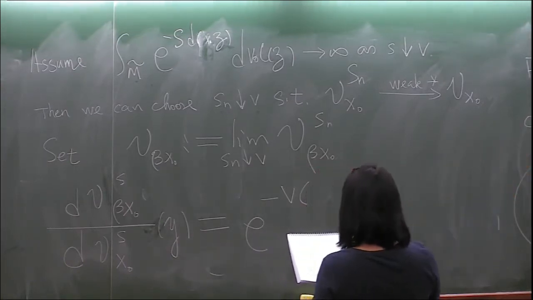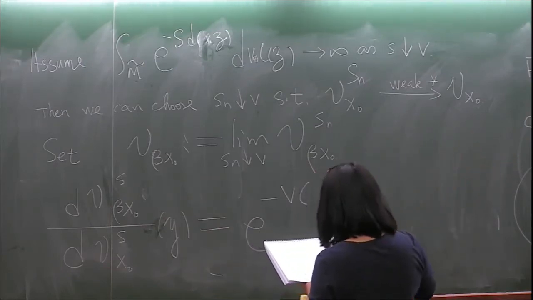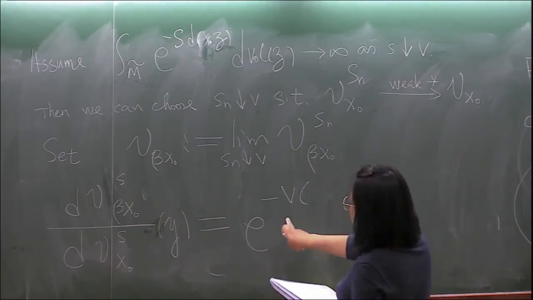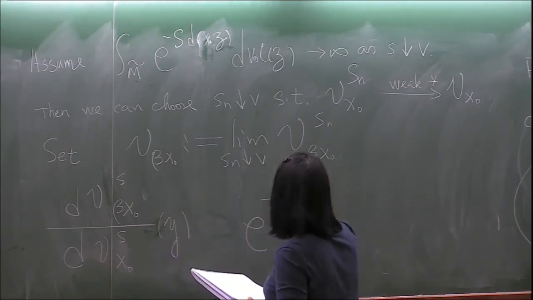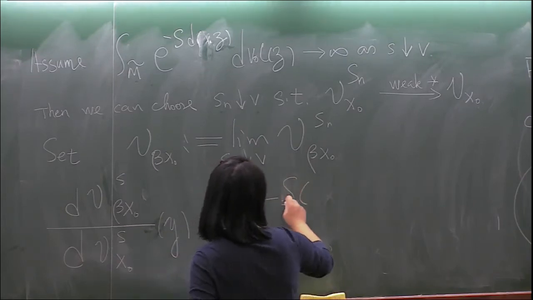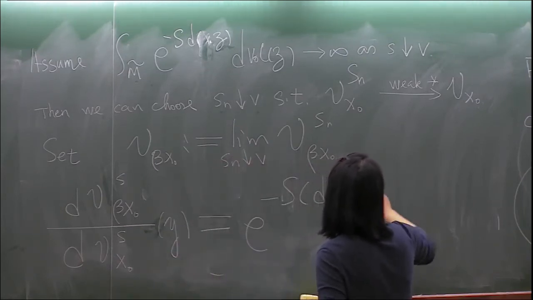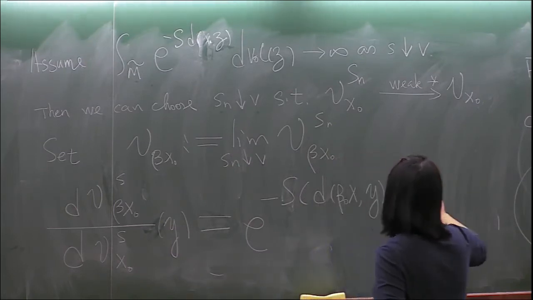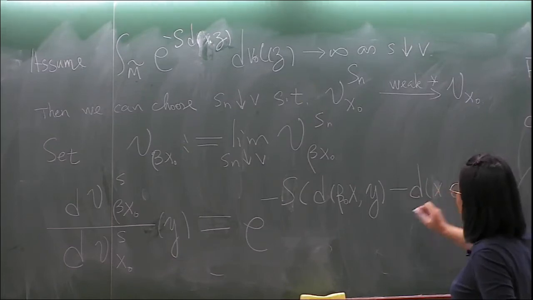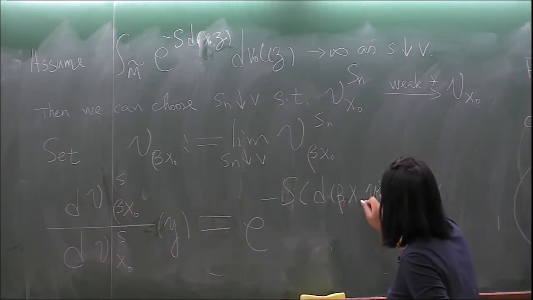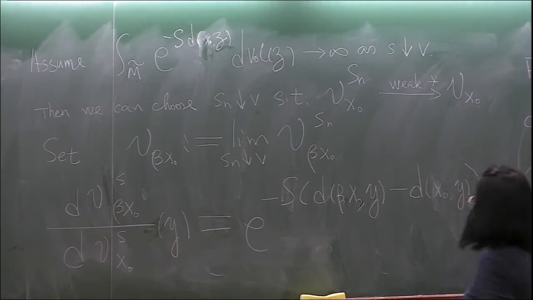Here, yes, minus v will converge to this one. Let me put s here, e to the power s. Here you have d beta naught y, then minus e dx naught y and this one.